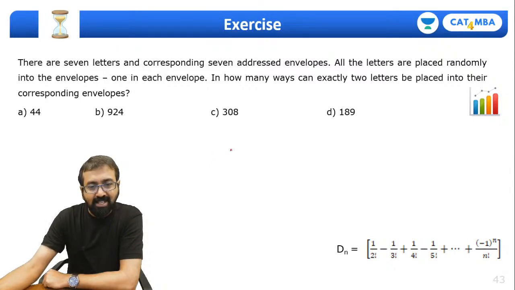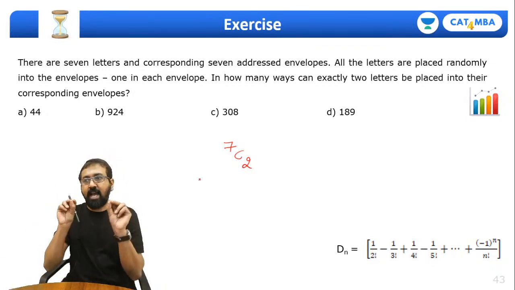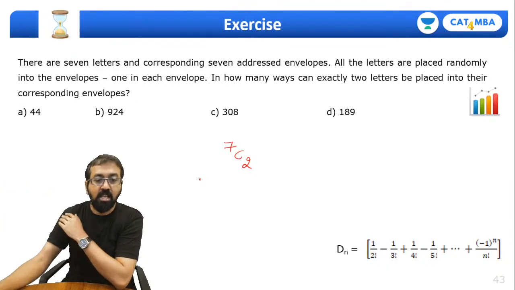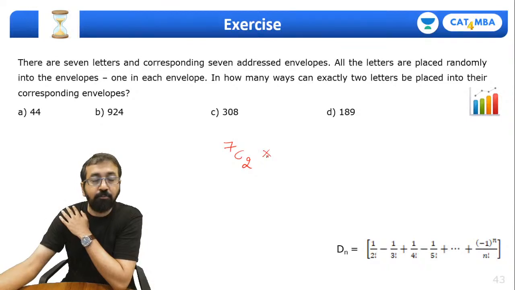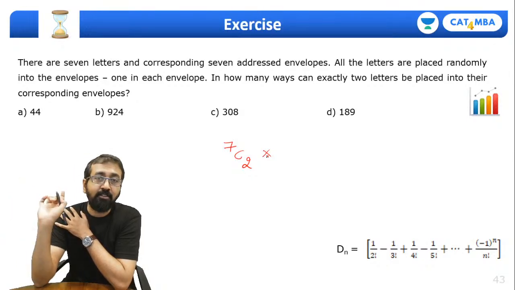Out of 7 letters, I can select 2 letters in 7C2 ways, and whichever two letters I selected, I'll put them in their respective envelopes. That's done. Now the remaining 5 letters have to be placed completely in a wrong manner in the 5 envelopes.